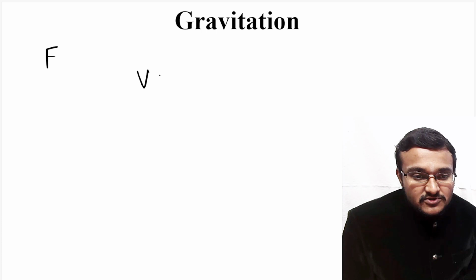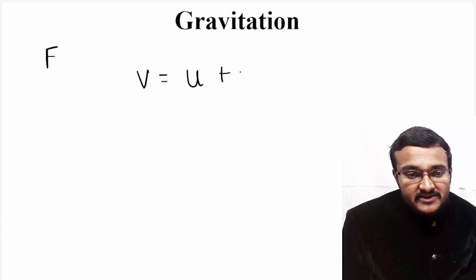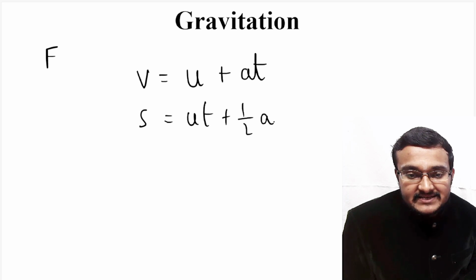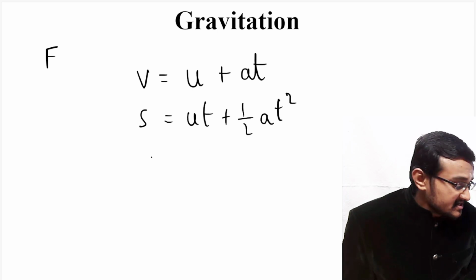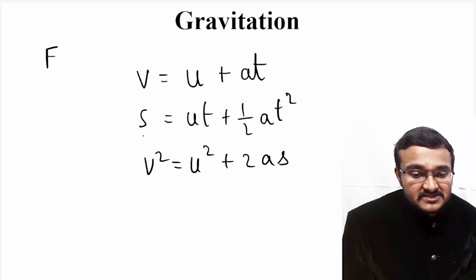If you just recall the equations of motion, the first equation of motion is v is equal to u plus at. The second equation is s is equal to ut plus half at square. The third equation is v square is equal to u square plus 2as. Here s is distance.